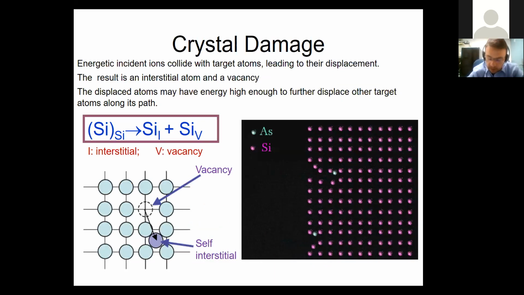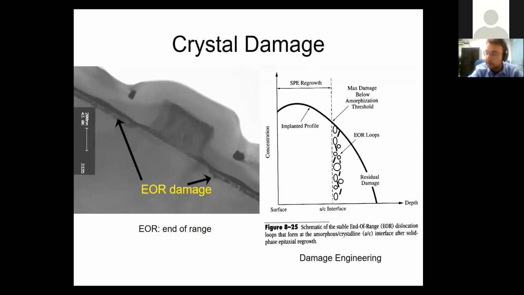Okay, like in this animation, we're seeing the propagation of the arsenic in the crystal. We are creating these self-interstitials, and we're also creating the vacancy defects. At some point, the arsenic will stop, so that's going to be bringing another zero-dimensional defect too. In this picture, this is another one of those MOSFETs, or another pattern maybe.